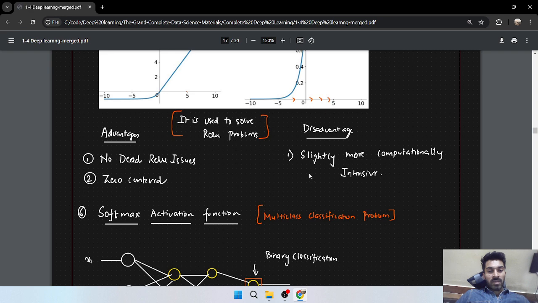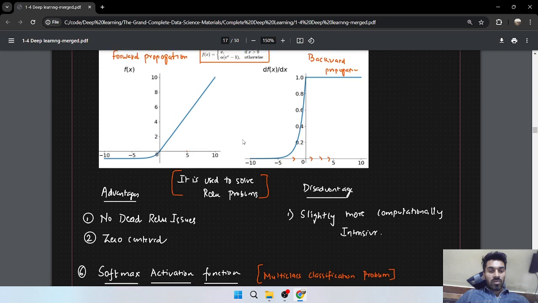But it solves the vanishing gradient problem and the dead neuron problem, and zero centered is also there. It is used to solve the ReLU problem.